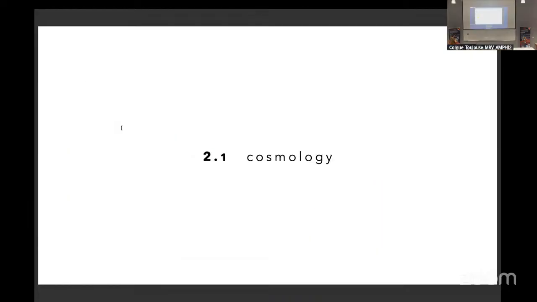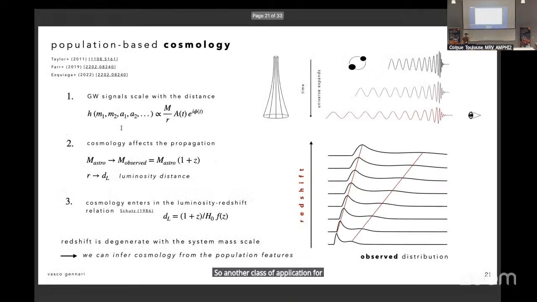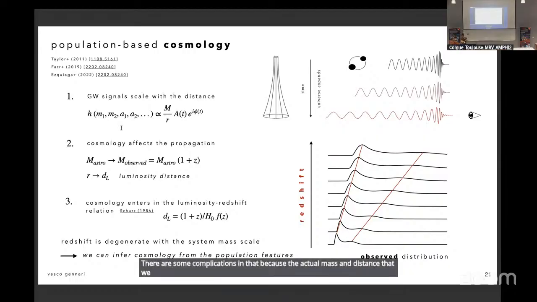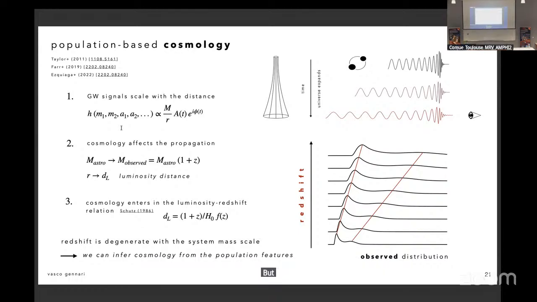Another class of application for this population analysis is cosmology. I talked to you about masses and distance, but there are some complications, because the actual mass and distance that we observe when the signal arrives at the detector is not the true one, but is affected by the large-scale dynamics of the universe.